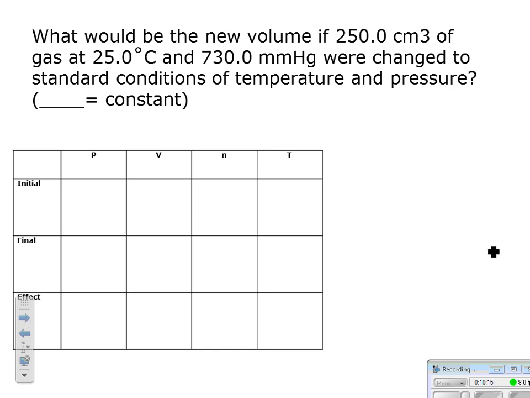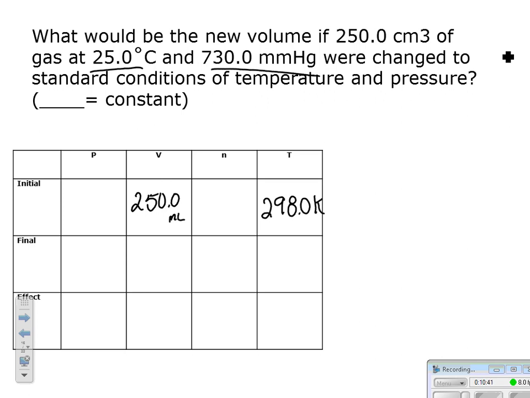Okay, so here's a good one. This says we have a gas that is 250 centimeters cubed. That's 250 milliliters of gas. That is a volume. And it's at 25 degrees Celsius, which is 298 Kelvin.